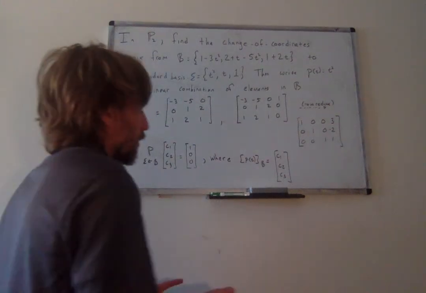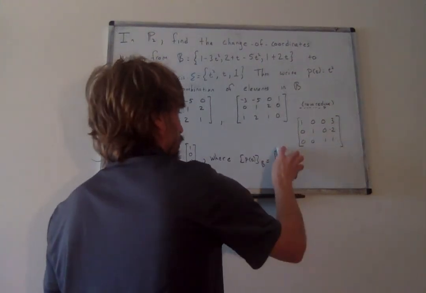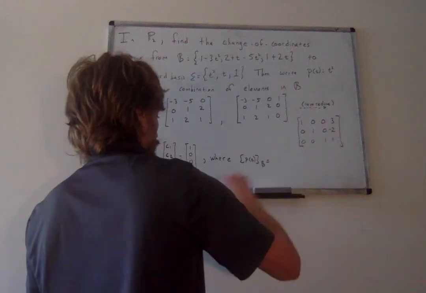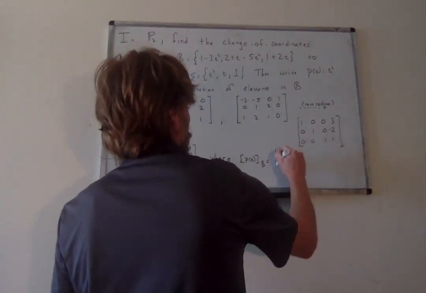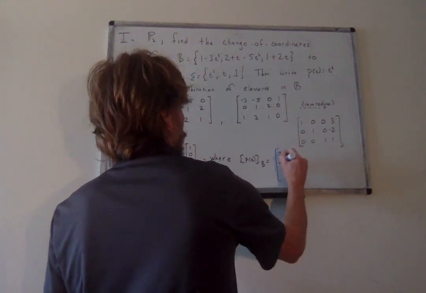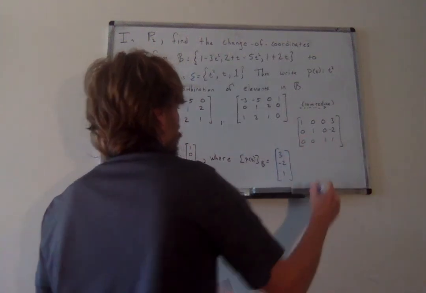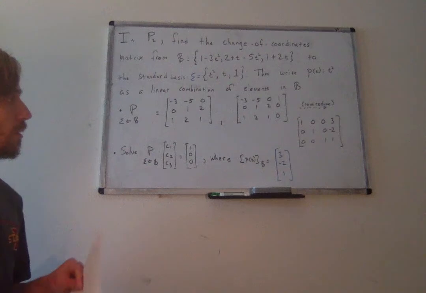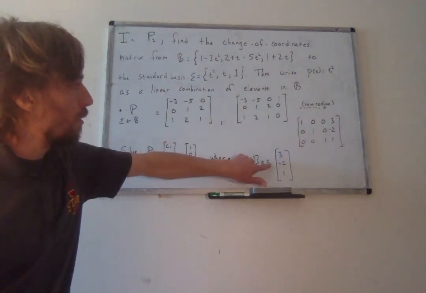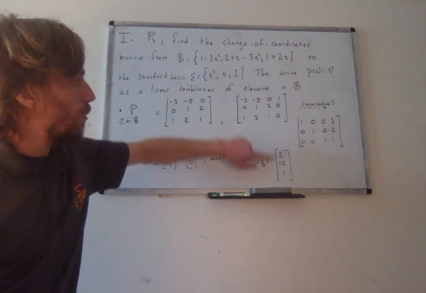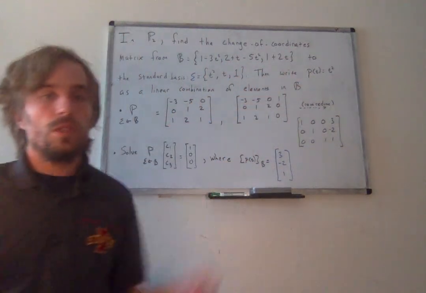And so this means that c1, c2, and c3 are equal to 3, negative 2, 1. And of course we could check this. You'd want to make sure 3 times this polynomial minus 2 times this polynomial plus 1 times this polynomial is equal to t squared.